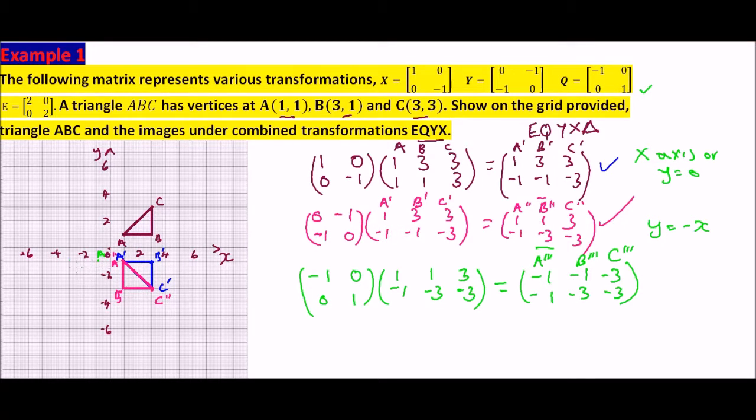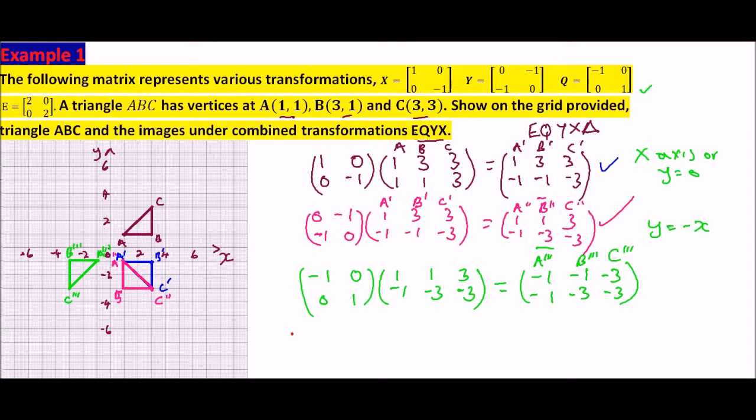So this is our B, and this is triple prime, and our C is at minus 3, minus 3. So that is where we have our C triple prime. We join the 3 points so that we can see our new image. So now this is our triangle which we have obtained from what we have found here.